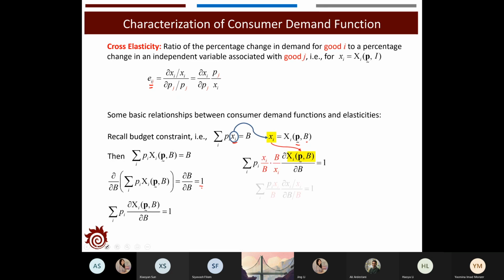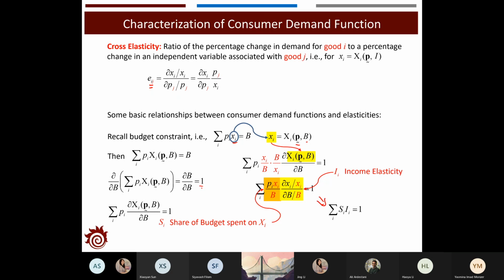If we do some further derivation, again, I'm skipping the steps. Based on the derivation, the whole equation can be simplified as the summation of SI times II equal to 1.